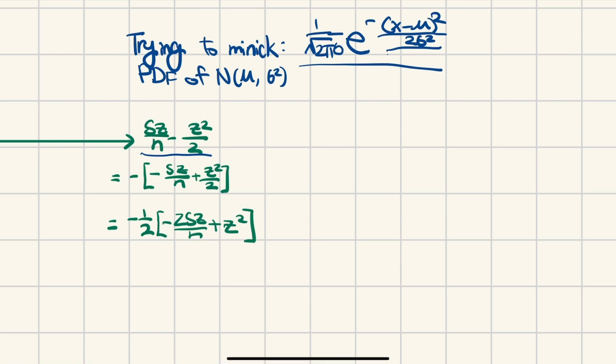Okay. Now to mimic the top part, we already have a form that kind of looks like this part. We have the negative, we have the 2. But to mimic the squared, we have to complete the square. So now let's complete the square.